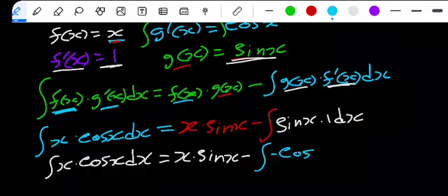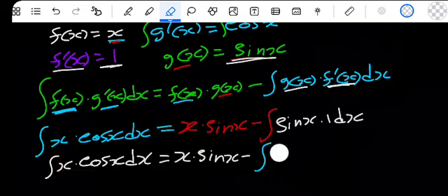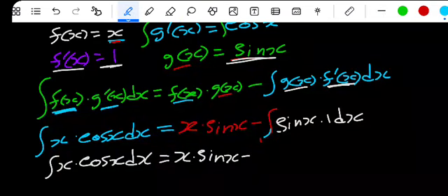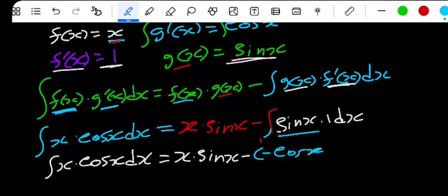If we integrate that, we'll have negative cos x, right? Then we add the constant.